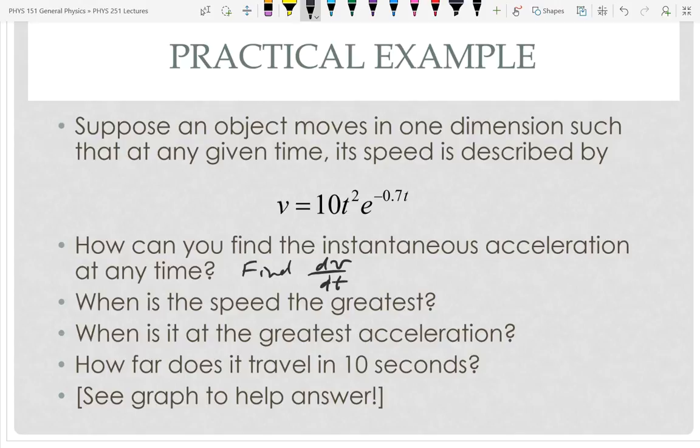When is it at the greatest acceleration? Steepest slope. Okay, so steepest slope, which means that we'll have to find the slope and then find the maximum of the slope. And then how far does it travel in 10 seconds?